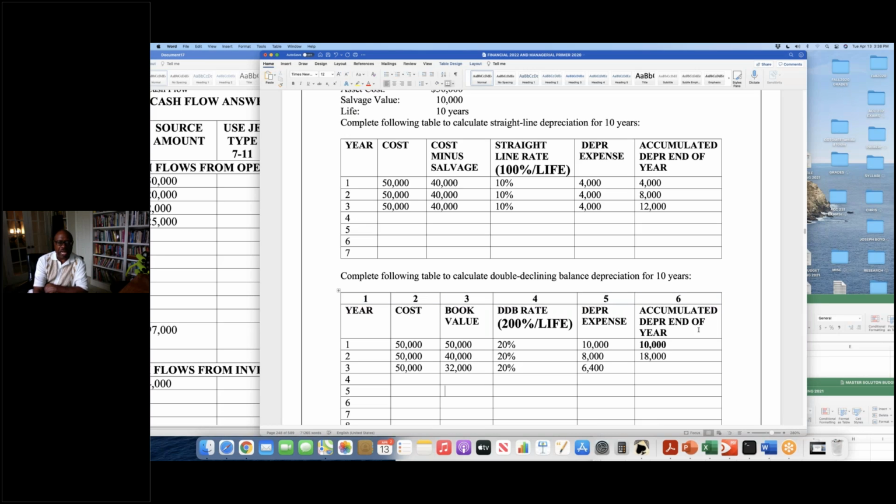So to get our expense, it's always going to be, in parentheses, simply what?